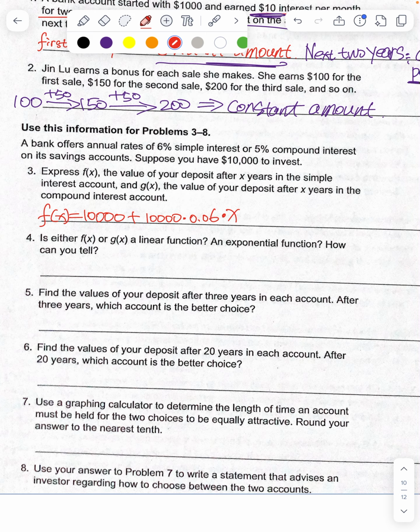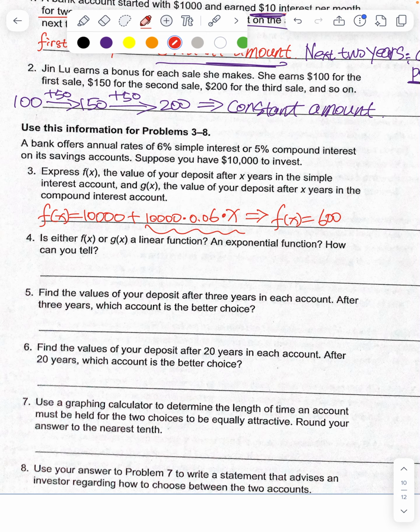If I simplify this function, f of x equals, let me put x in the front. I need to figure out 10,000 times 0.06. This is going to be 600.